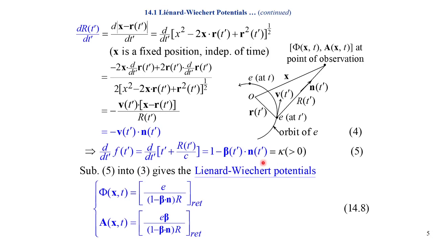So the result is always less than 1, so this one is always greater than 0. Kappa is always greater than 0. We can define this one as kappa, already done by substituting equation 5 into equation 3.